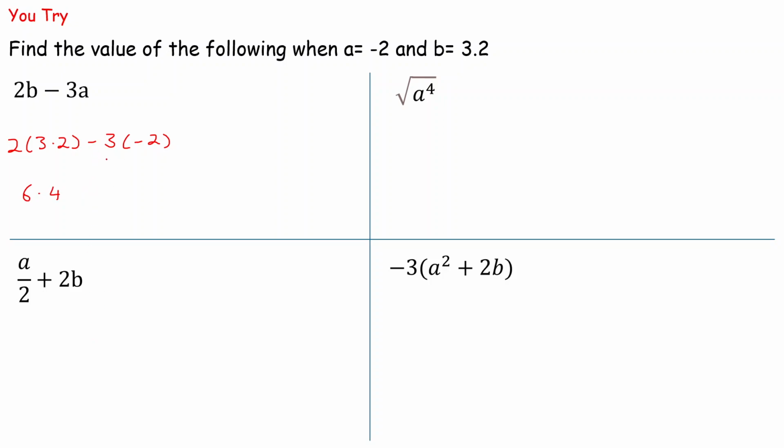And I've then got, and be a little bit careful, you could look at this in different ways. You could look at it either as 3 times negative 2, or you could look at it as minus 3 times negative 2. I'm going to look at it as minus 3 times minus 2, which is equal to, two negatives, you get a plus 6. So you've got 6.4, this goes to plus 6. You could also look at it a little bit differently.